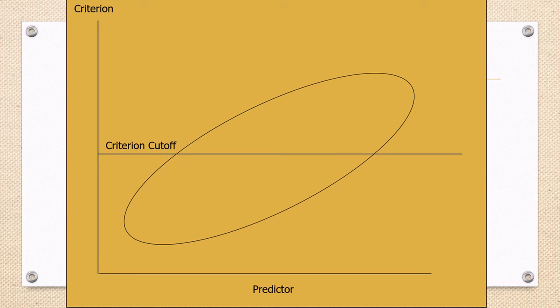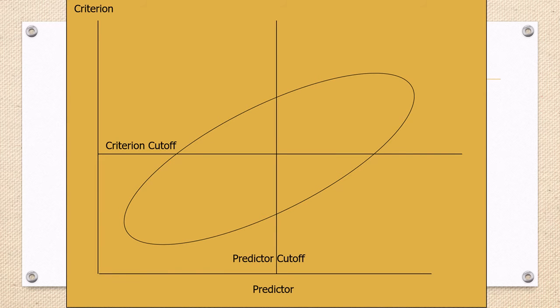Because our prediction, the validity, is not perfect, there will always be errors in selection. So our criterion cutoff tells us whether performance at a certain level is successful or not. Those above this cutoff are successful. Those below are unsuccessful.